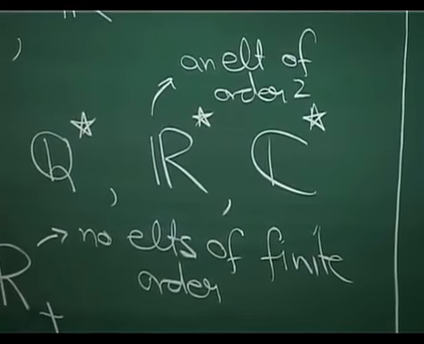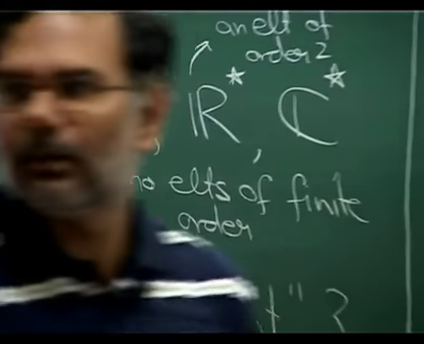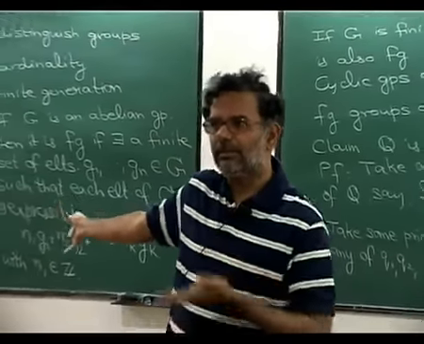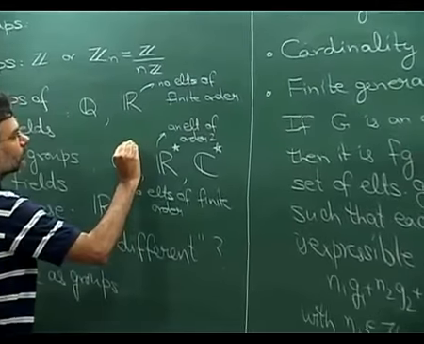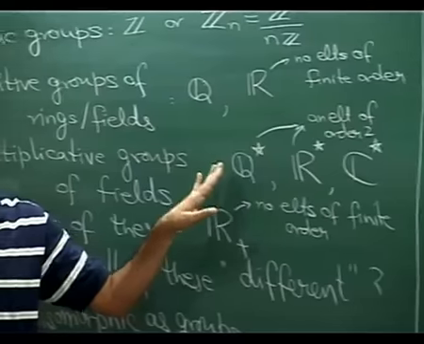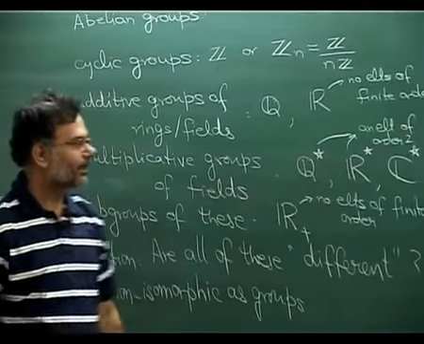Okay, so that did not help, but that is okay, maybe there are other criteria. What about Q star? Non-zero rational numbers under multiplication, same reason, minus 1 again. So this also has an element of order 2. But anyway, we distinguished this already because this is countable and that is not. We already distinguished Q star. Anyway, let me just mention that.